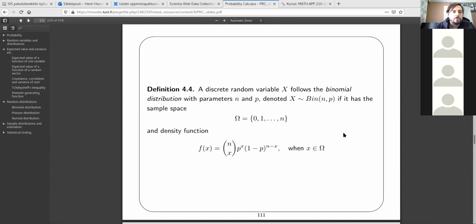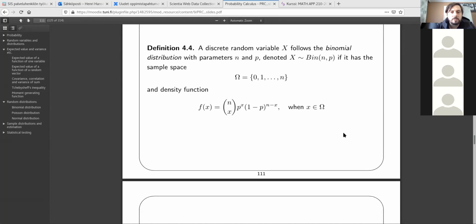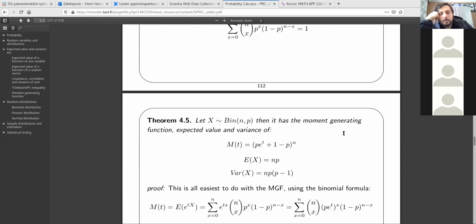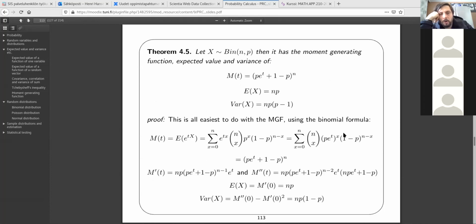This should be known to you from previous courses, but just to recap. We can verify that this is a legitimate density function. It's non-negative, and using the binomial formula, we can prove that the sum of these is 1. There's a moment generating function which we can use here.